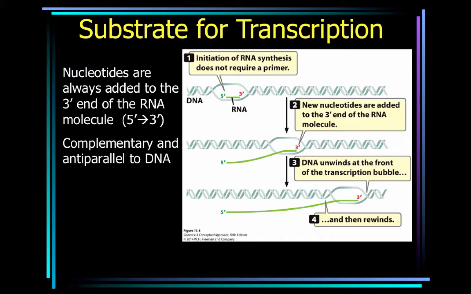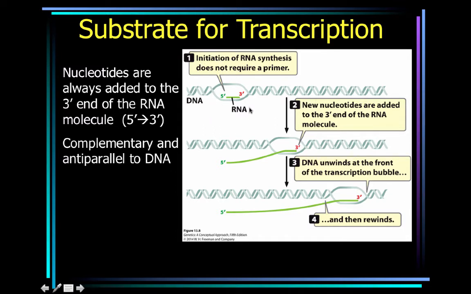So complementary means that the complementary nucleotide is actually being brought in by RNA polymerase, and it's going to be in an anti-parallel fashion so that the non-template strand of DNA, like is shown up here, is not going to actually be synthesized into messenger RNA.